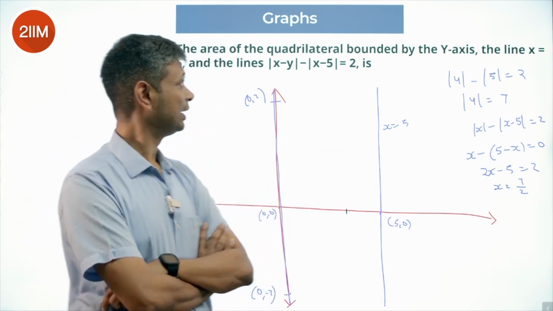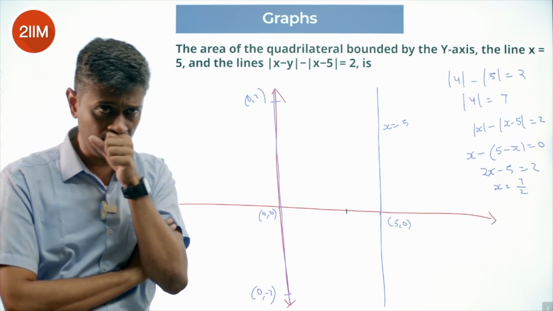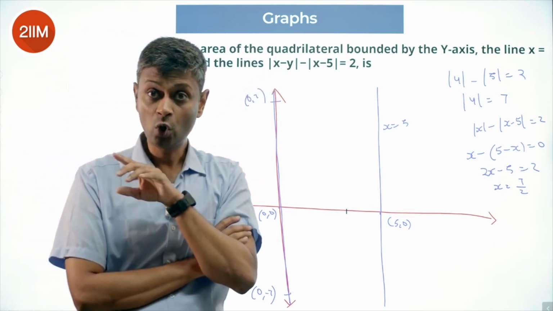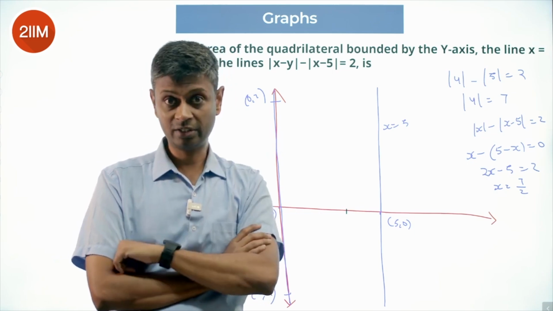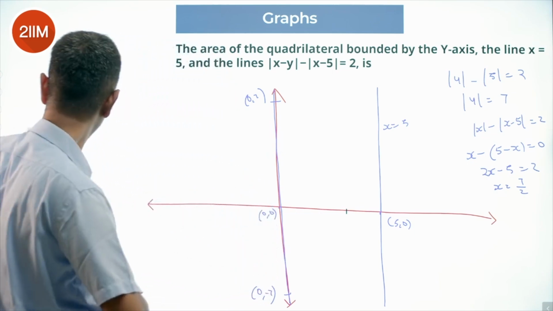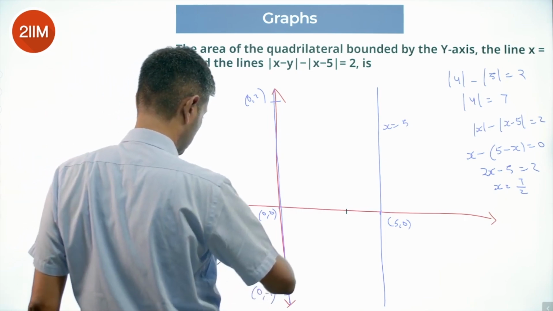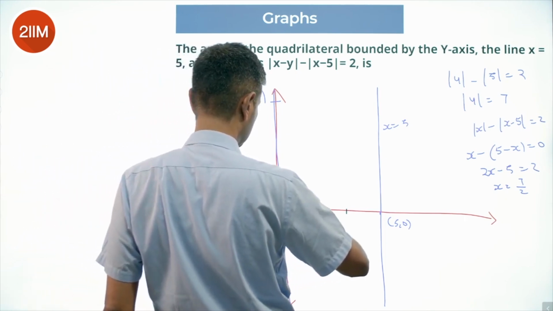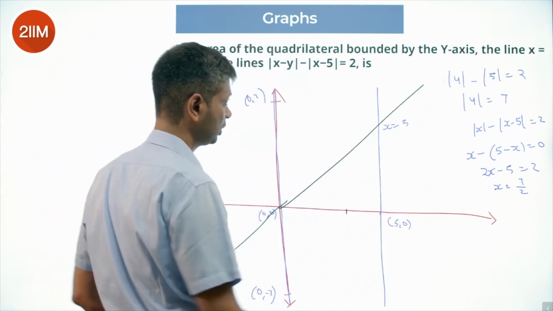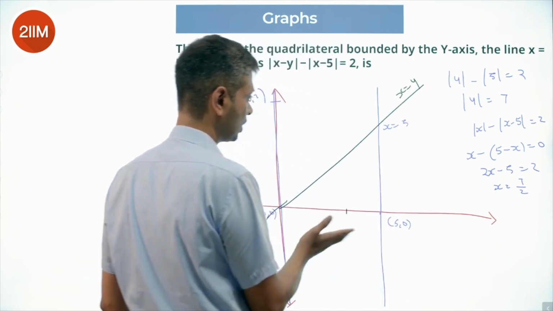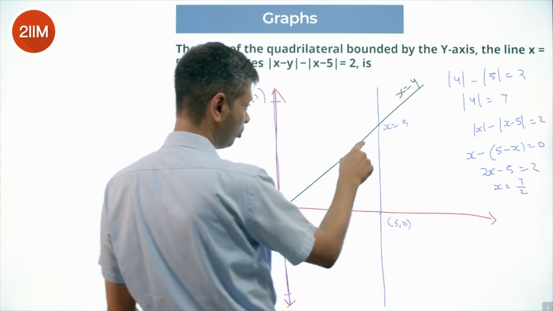Then x minus y will be x minus y when x is greater than y, and y minus x when x is less than y. So I'm going to draw this beautiful line, x equal to y like this. This is the line x equal to y. Below this x is greater than y. Above that x is less than y.